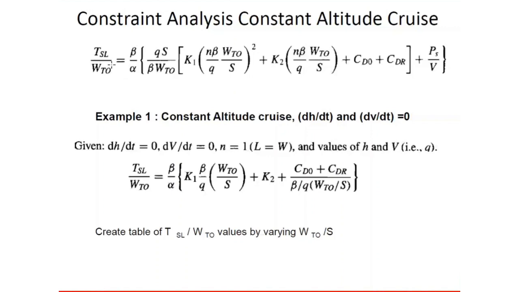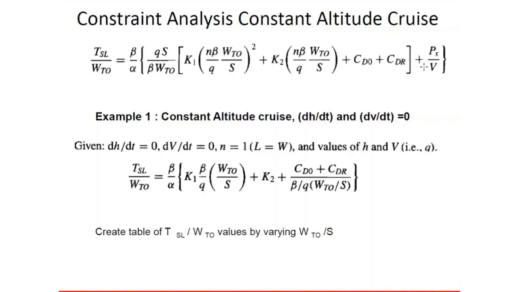Now, having expanded the drag term, you have QS into beta by WTO, K1 n squared beta WTO by S, and K2. The second term is also there, plus CD0 plus CDR, plus PS by V. So this is the equation which we are going to use now for trying to estimate the T by W. What we plan to do is make a table of W by S. As you see here, there is a quadratic term in W by S, there is a constant term, and there are other constants which we are not at present looking at.